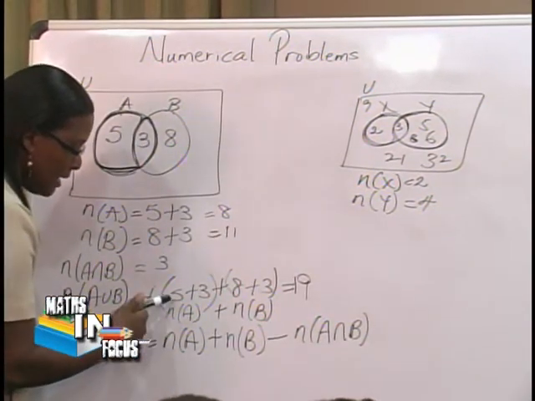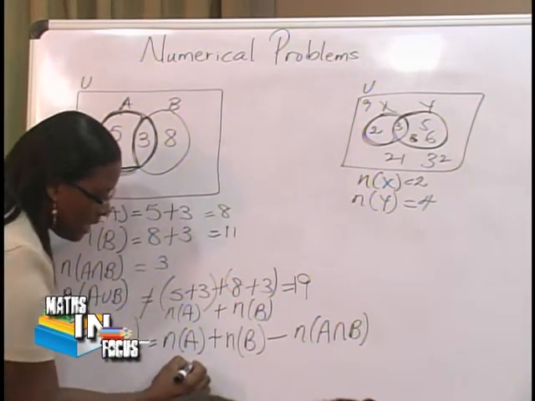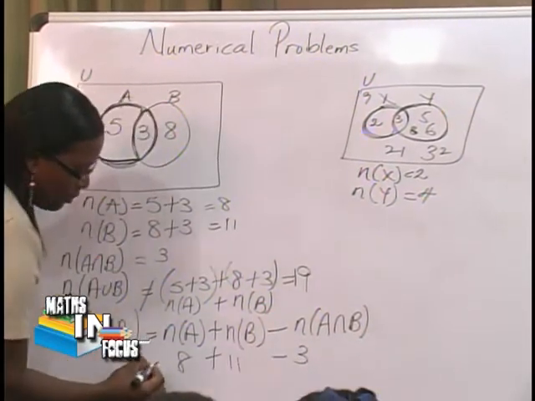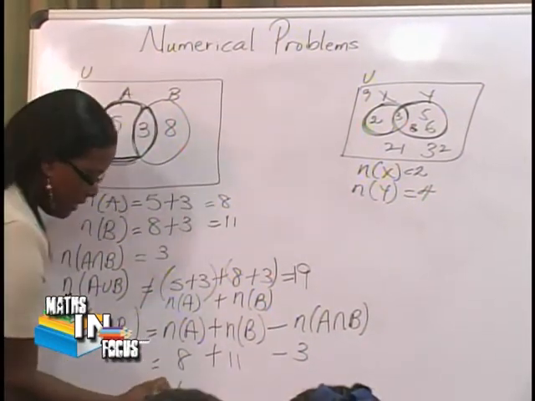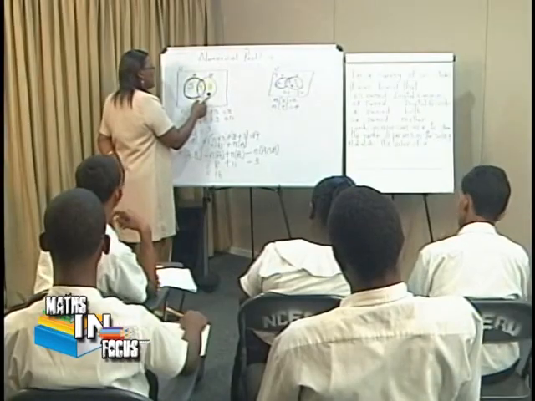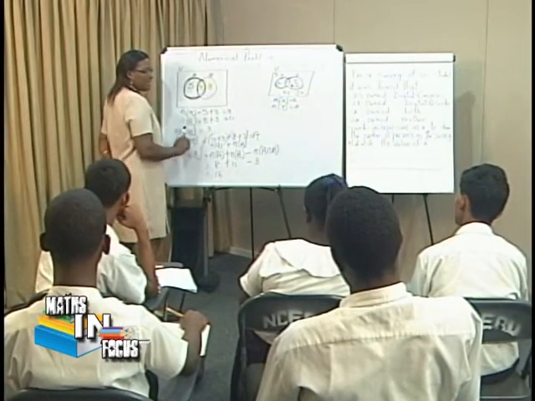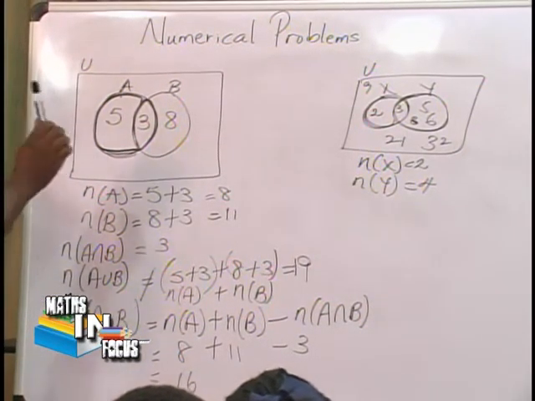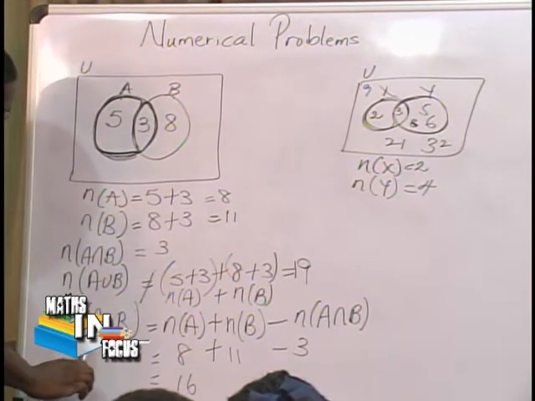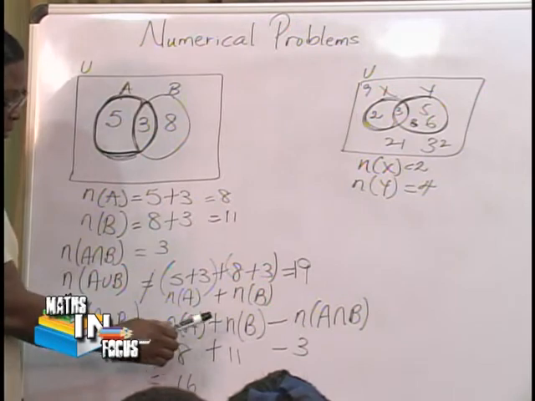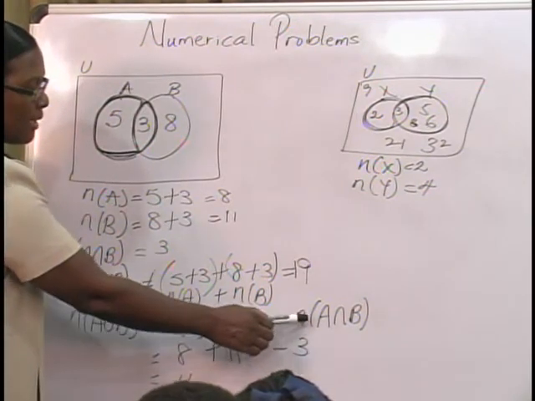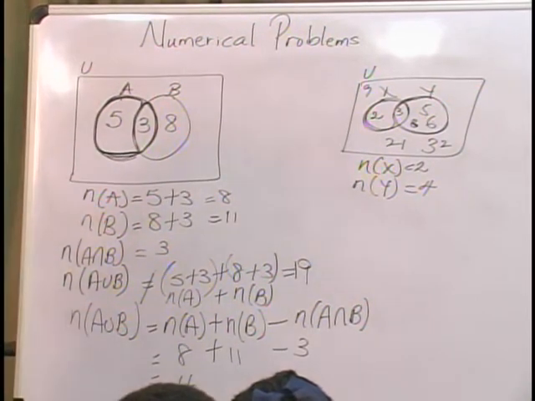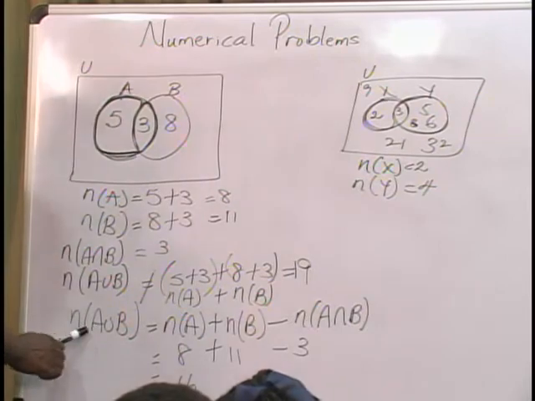Number in A is going to be 8 plus the number in B, which is 11. Take 3. And how much do we have? 16. So we have 8 and 3, 11 and 5, 16. So as long as 2 sets intersect, the number in A union B is equal to the number in A plus the number in B, take the number in A intersect B. So you can quickly take this equation down.